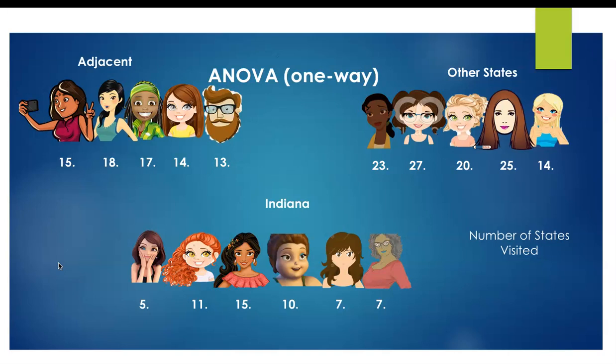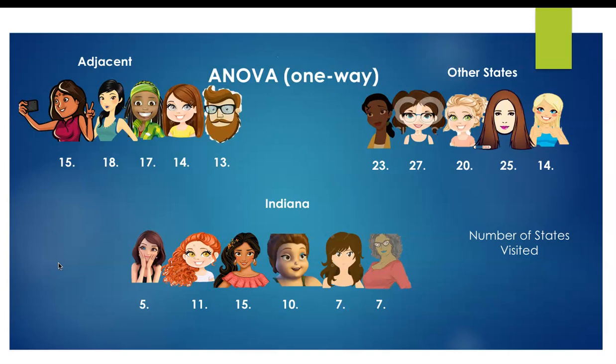So take a look. This is all of you, and I asked all of you to tell me how many states you'd visited. And then I've grouped you. There are people from Indiana down at the bottom. There are those of you who are from adjacent states like Michigan and Illinois in the upper left, and those of you from other states in the upper right.